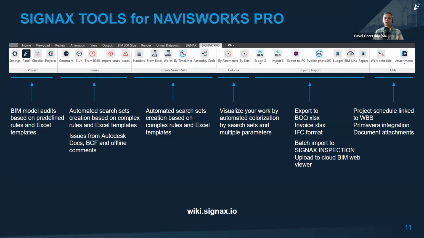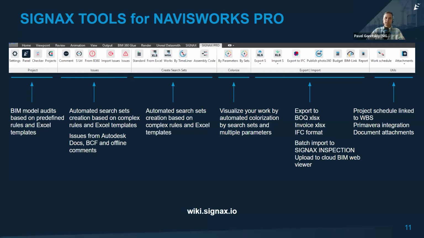Its main features are Checker, which is useful for a BIM manager. It allows you to check model for collisions, presence of properties and elements, and validate your BIM model against informational requirements of the client. Important issues from ACC docs, BCF file leads to better collaboration and visualization in the project.